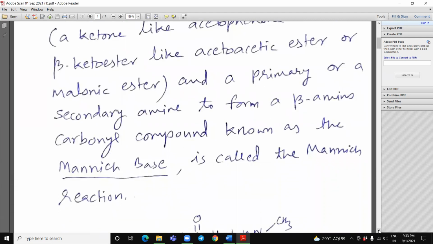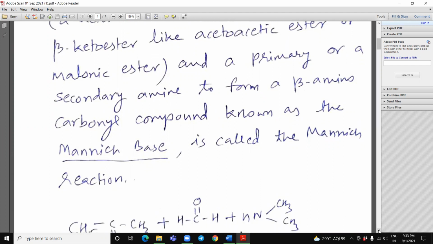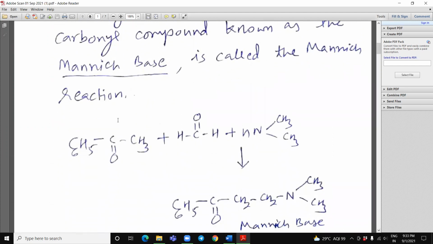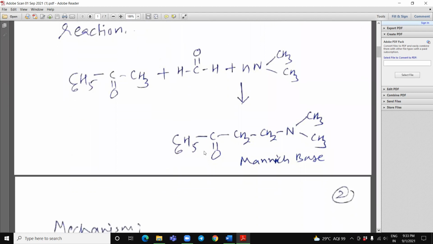It is known as the Mannich base, and this reaction is known as the Mannich reaction. See here, this acetophenone, formaldehyde, and dimethylamine. These three molecules will lose a water molecule and give us the Mannich base.